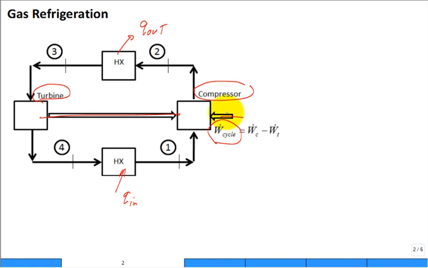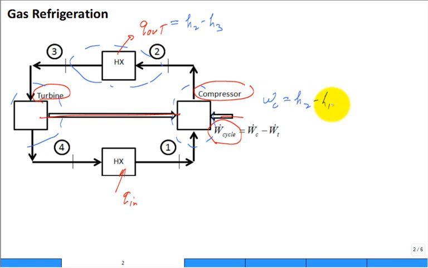If you just said, I know how to do an open control volume analysis of the compressor, an open control volume analysis of that heat exchanger, likewise for the turbine, you get that this Q out is going to be H2 minus H3. The work to run the compressor, H2 minus H1.